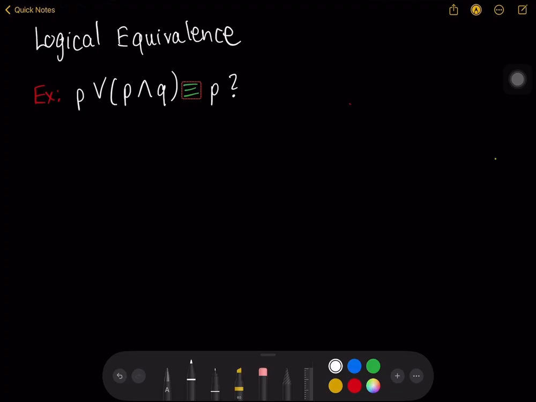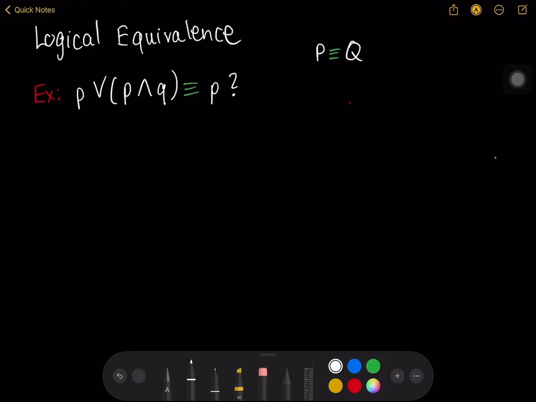We can denote the logical equivalence of P and Q as P, and then you see three lines, an equal sign, and then Q.